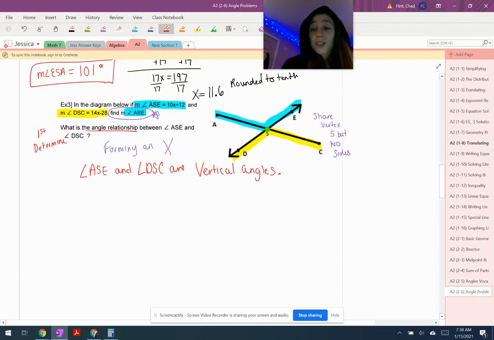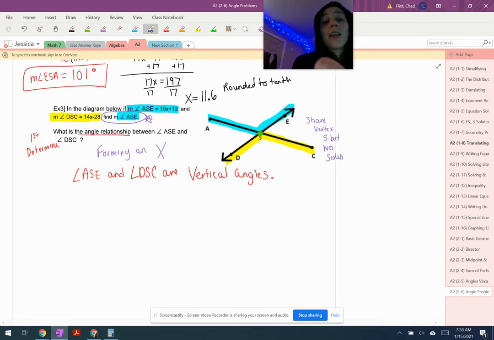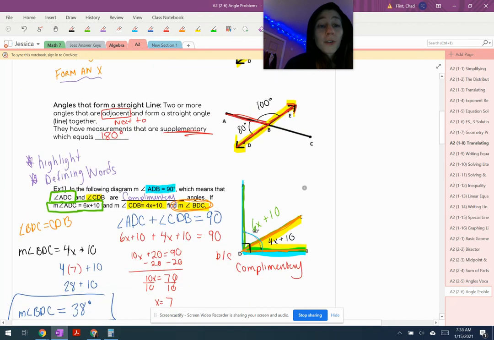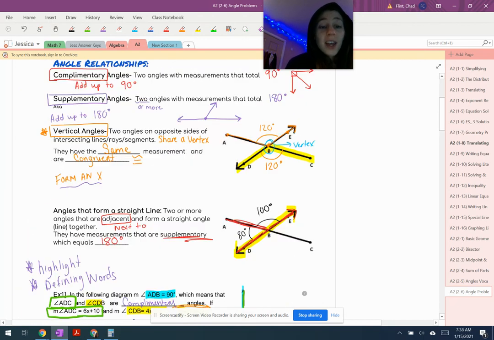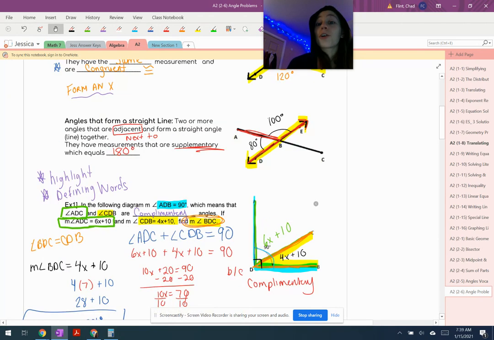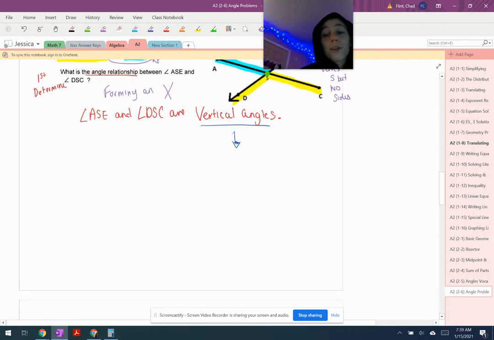Now, knowing that they're vertical angles isn't enough. You need to know, what does it mean to be vertical angles? What does the fact that they are vertical angles tell us? Well, going back to your notes, vertical angles have the same measurement. They are congruent.